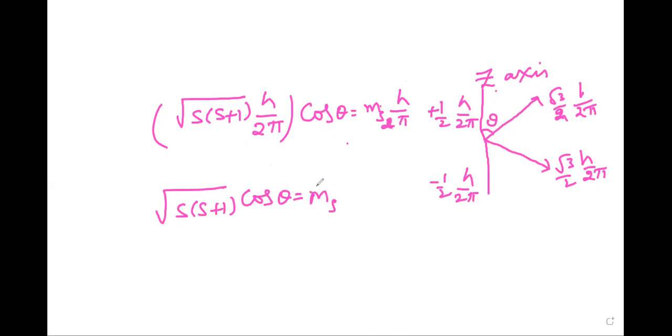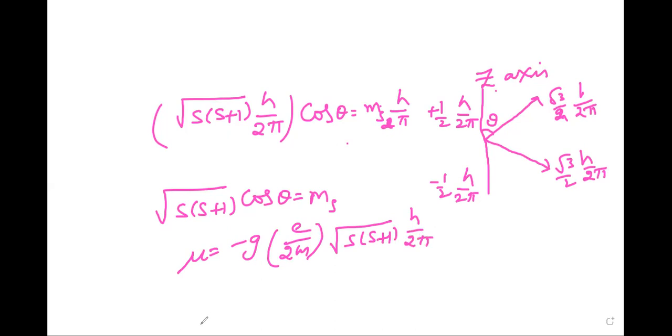So the spinning of the electron on its own axis generates a magnetic field, and hence the spinning electron behaves as a bar magnet. Then the magnetic moment mu is equal to minus g into e by 2m into root s into s plus 1 into h by 2 pi.